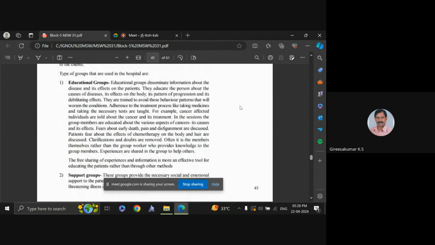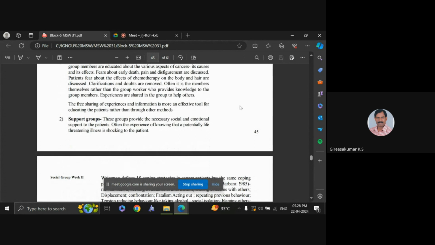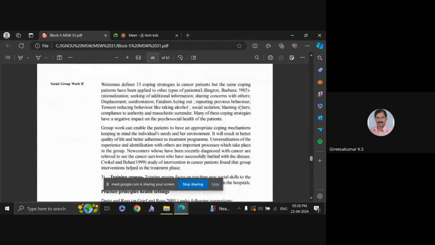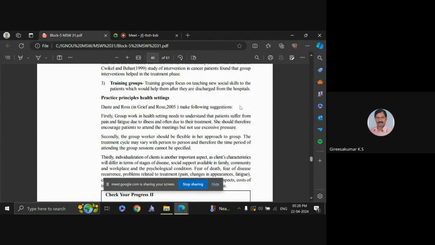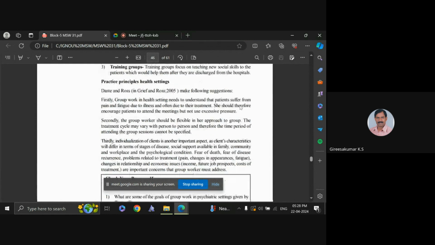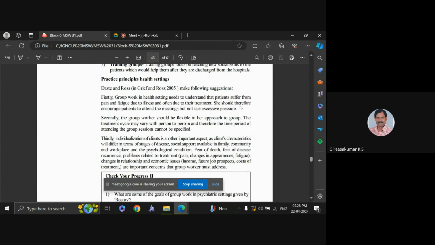That is their function. Then support groups: they need support from social workers. Then training groups. And practice principles in health settings. Thirdly, individualization of clients.